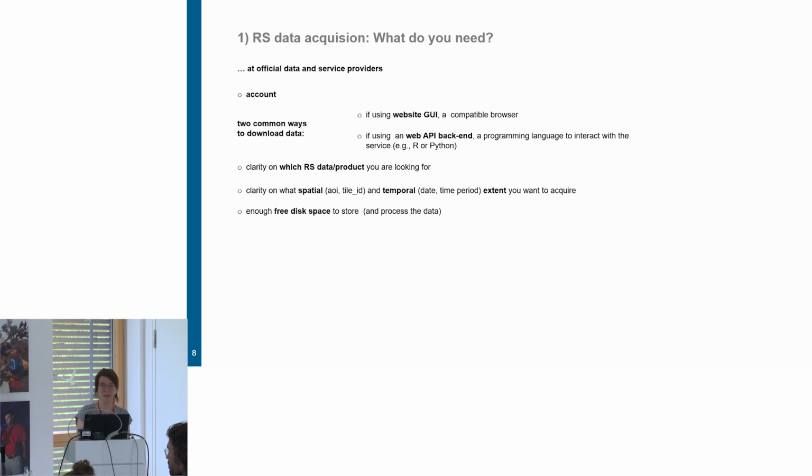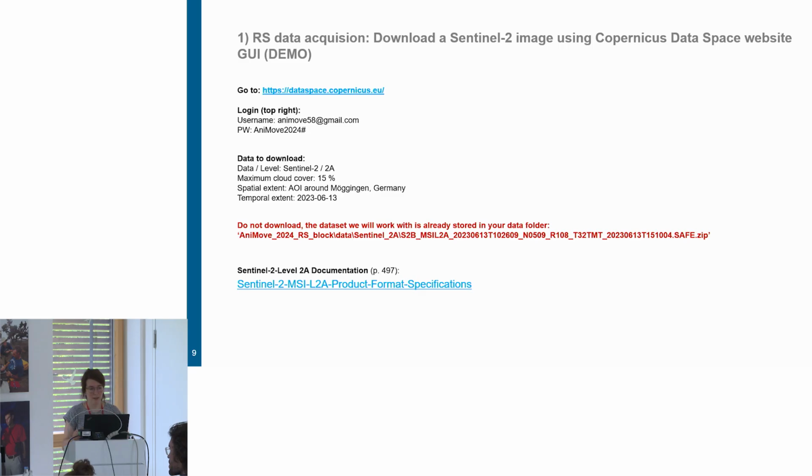Just storing is one thing, but I often encounter problems when I work on a personal computer, because processing increases the disk space, and at some point you run into problems. And of course you need geospatial software to view and process the data, depending on what you want to do with it.